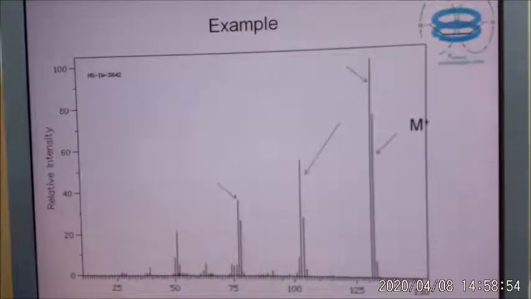That's 28. Nope, can't be that. It can be 2 carbons, 2 hydrogens. So we can have a double bond, right? 2 carbons, 2 hydrogens, so 26. I might be looking for C2H2.